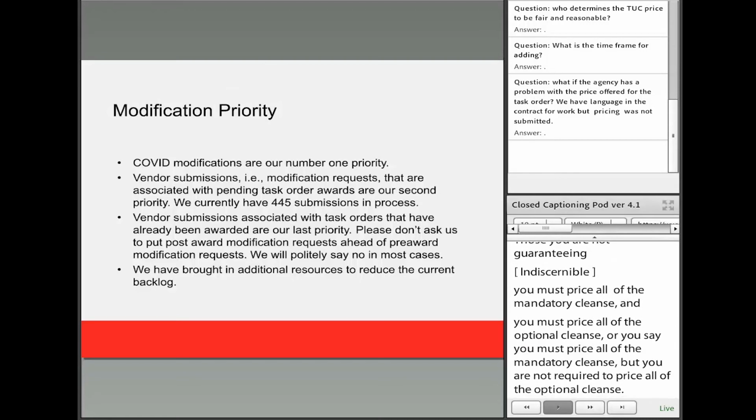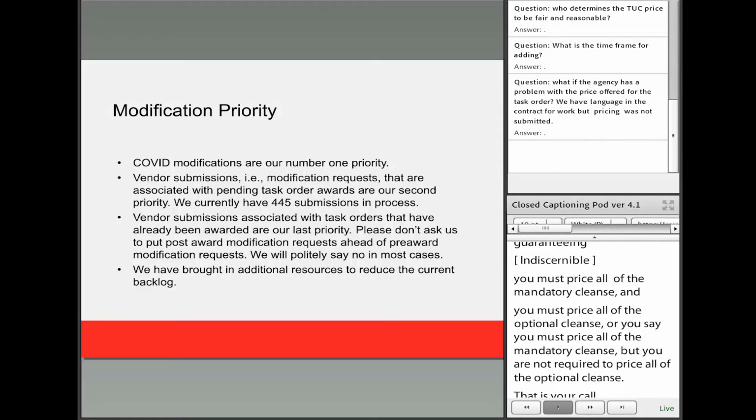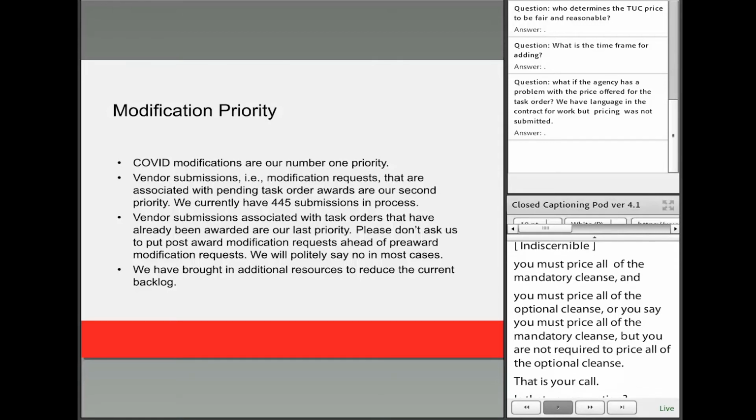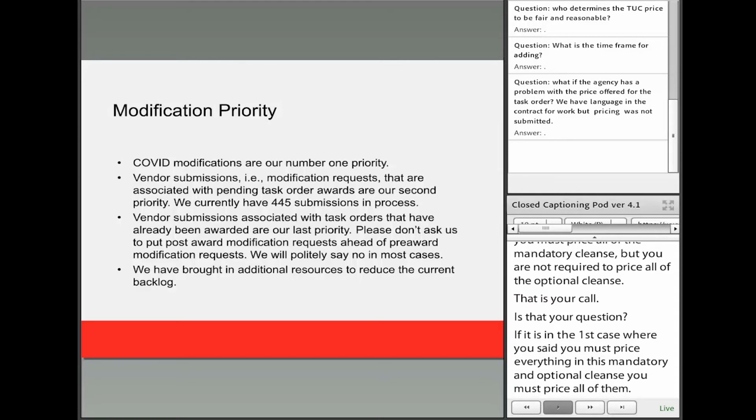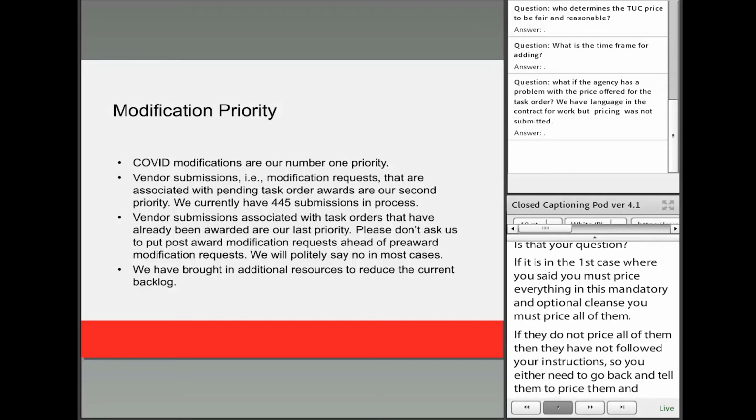So if it's in the first case where you've said you must price everything in this RFP, mandatory and optional CLINs, you must price all of them. Well, if they don't price all of them, then they have not followed your instructions. So you either need to go back and tell them to price them and submit a revised proposal, or if your solicitation allows for it, you may want to exclude them from the competition.